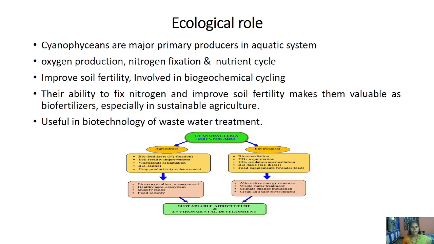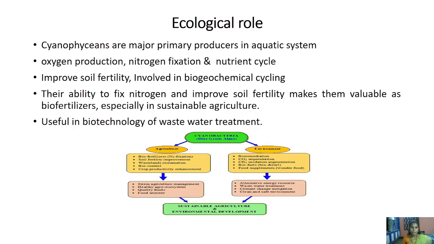Coming to ecological role of cyanobacteria. The cyanophycean members are major primary producers in aquatic ecosystems. Hence, they form the base of the pond ecosystem. They play a very important role ecologically since they produce oxygen, they fix nitrogen, and they are also involved in the nutrient cycle.